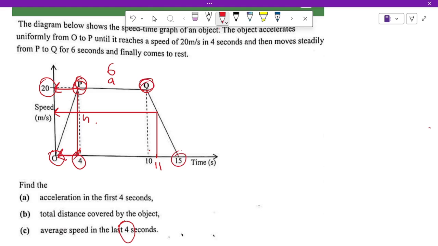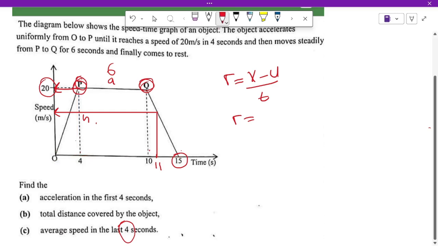What was the deceleration at this point? So I'm going to say retardation or deceleration is equal to V minus U over time. So retardation will be equal to, what is the final? V is final velocity. The journey ends here. It is not 15. You need to go to the speed axis, which is this one. So your final is 0. Minus, what is the initial?